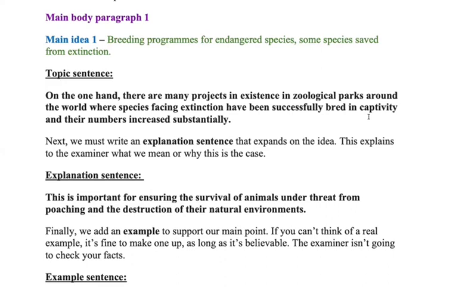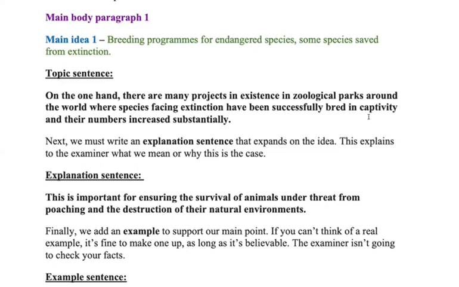Poaching is the illegal hunt, okay? The poachers are illegal hunters. So they illegally hunt. And the destruction of their natural environments, to destroy their natural environments.